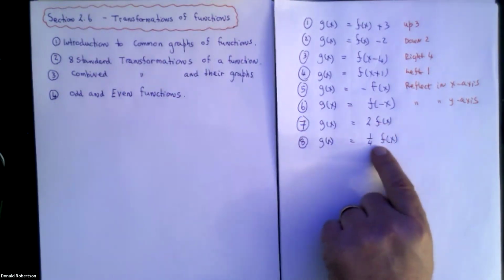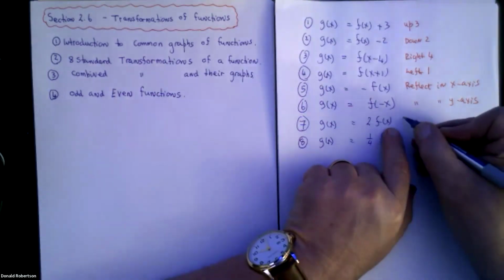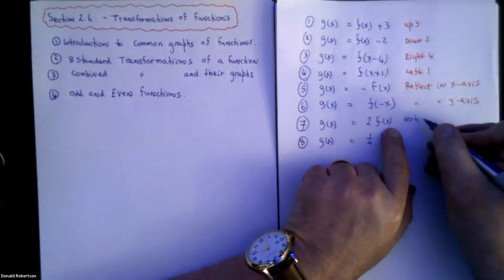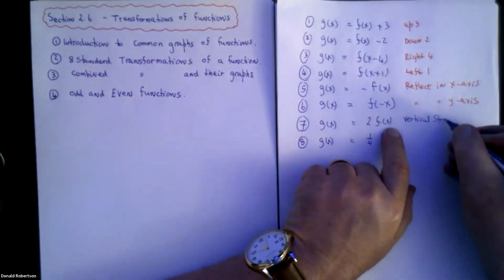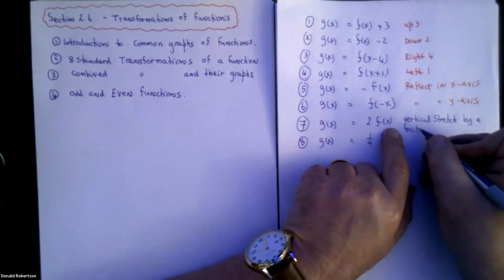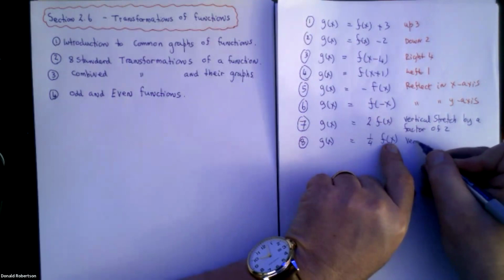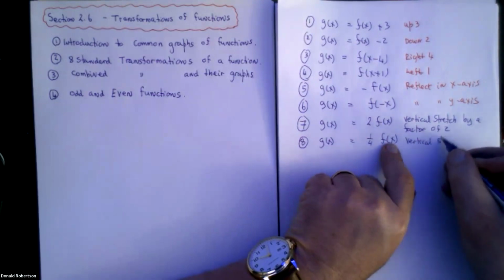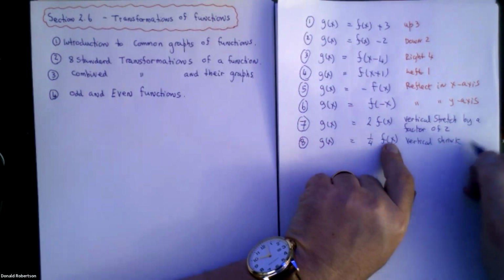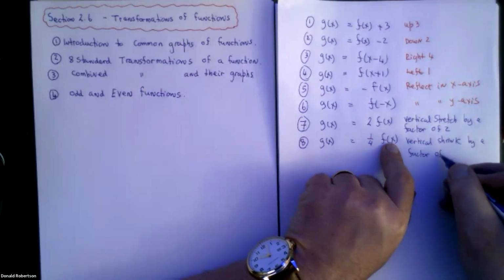And if you took the corresponding points on the curve, but you took their y coordinates and you essentially made them a quarter of the height, you'd get that one. We call these two, the first one, it's called a vertical stretch by a factor of 2, and this is called a vertical shrink by a factor of 4.